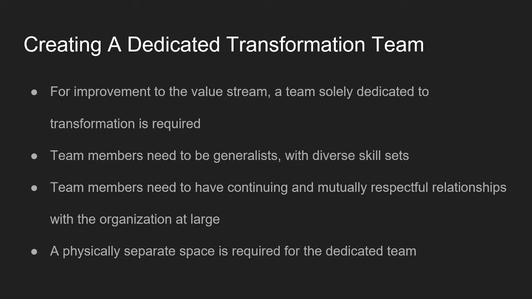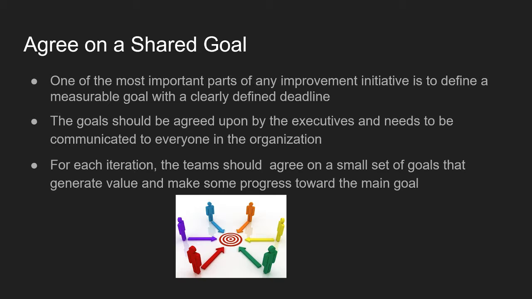Team members need to have a continuing and mutually respectful relationship with the organization at large, and physically separate spaces are required for the dedicated team. We need to agree on a shared goal. We need to work towards the main goal.